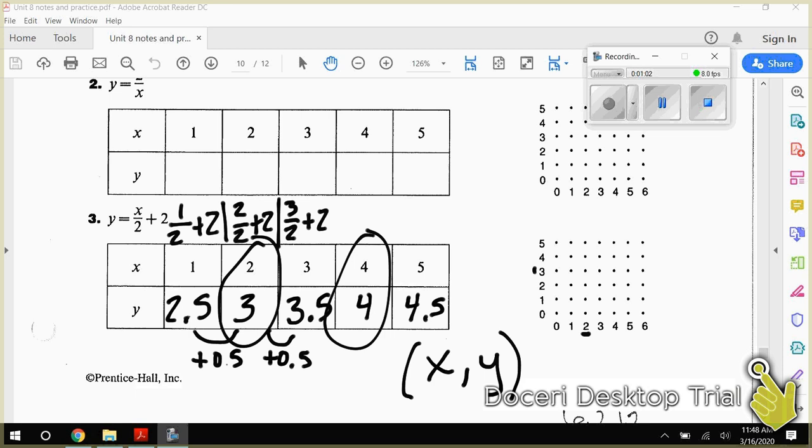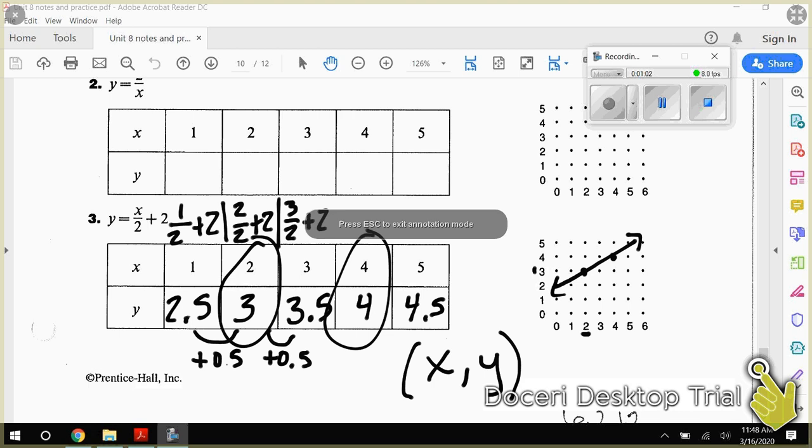So (2, 3) is right here, and then (4, 4) is right here. Now I have these 2 points, and so they're going to create that straight line. I'm just going to go ahead and draw in my line. Now I'm going to put arrows on both sides because, again, these functions will continue forever.